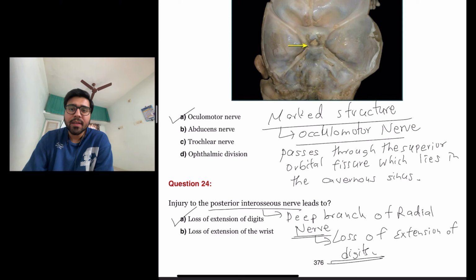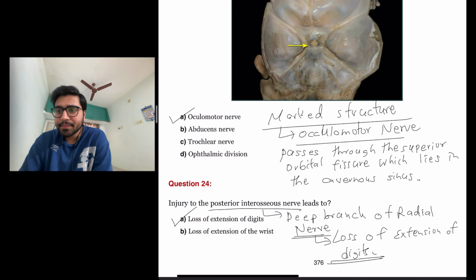So the answer here is A, because radial nerve will lead to wrist drop. But the deep branch of radial nerve, that is the posterior interosseous nerve, that supplies digits, and that will lead to loss of extension of digits because of the injury to that nerve.